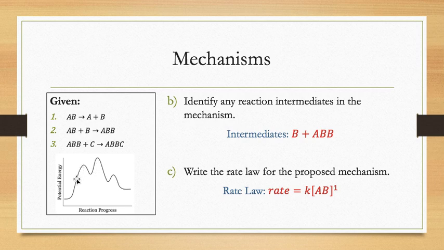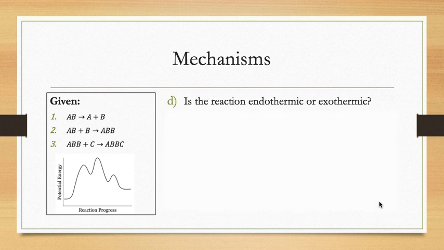This is the slowest step. This is the highest activation energy. And in this case, it's pretty obvious, and that's the way it'll be, where the activation energy for one step is clearly higher than the other two. And so in this case, the rate law is going to come from that rate determining step, this first step. And so we just have one AB that's reacting in the first step. So the rate law would be first order in AB.